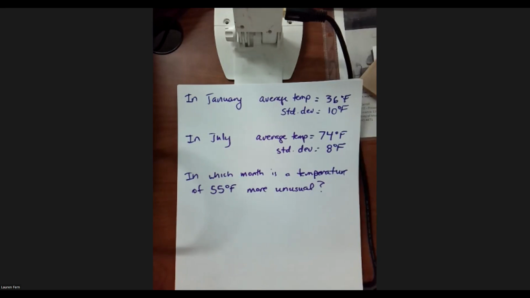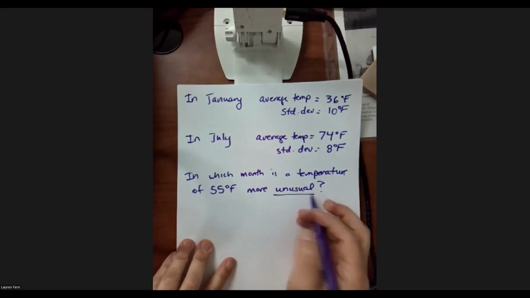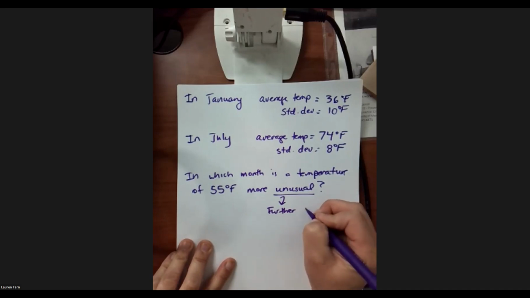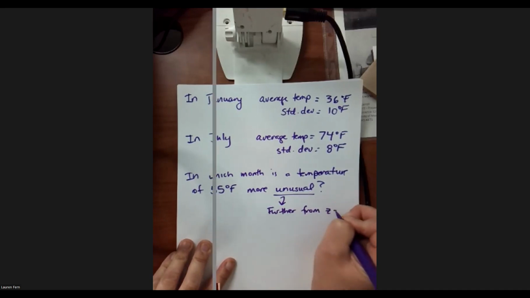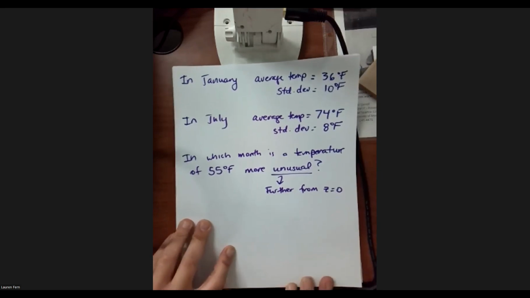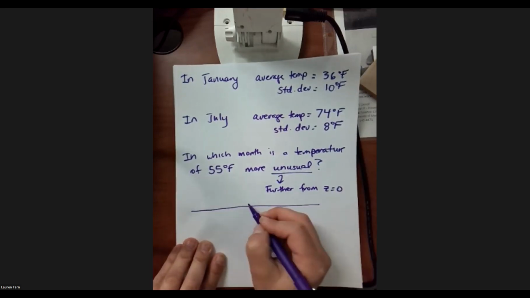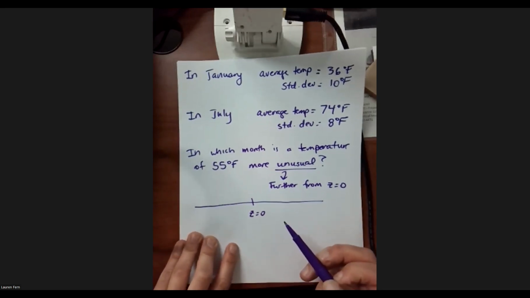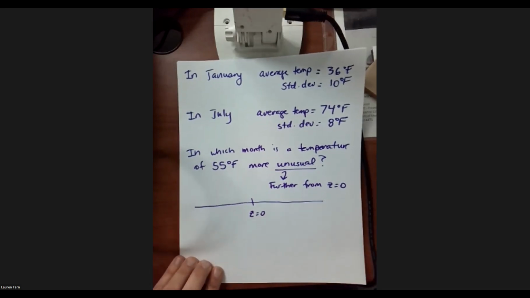When we're asking about things being more unusual, what we're asking is which one is further from the mean when you take into account the standard deviation. So when you want to know about unusual, what you're asking for is which is further from 0. Okay.